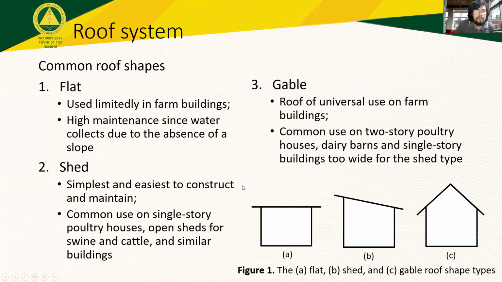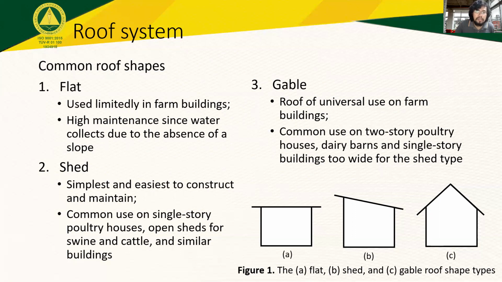So let's start with the flat roof shape, and this is used limitedly in farm buildings because, as you could see in figure 1A, there is the possibility of water collection because there's no slope that would guide the flow of water down to the ground.